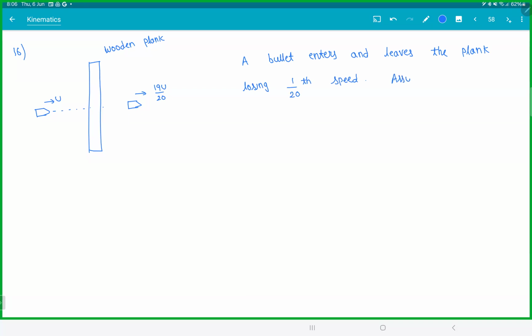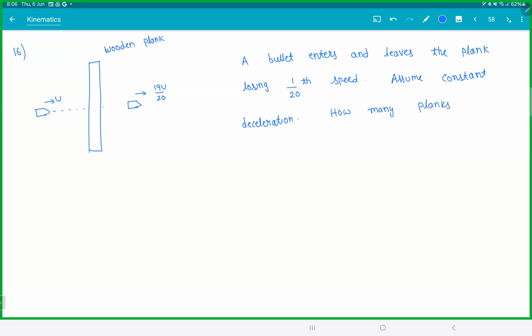Assume constant deceleration. So assume the wood is offering constant deceleration. The question is, how many planks are needed to stop the bullet? Someone does remember the answer. Solve. Let's see.